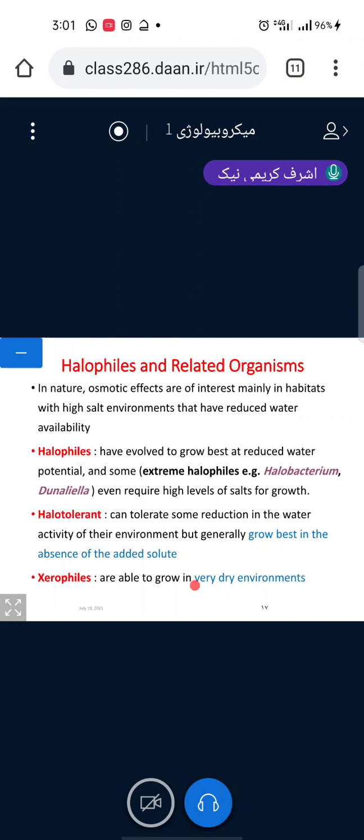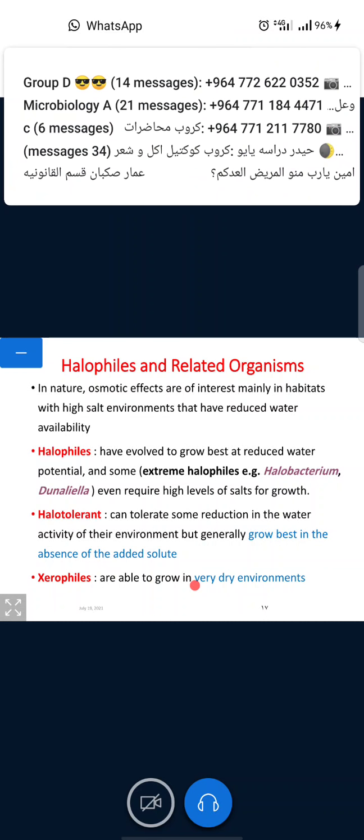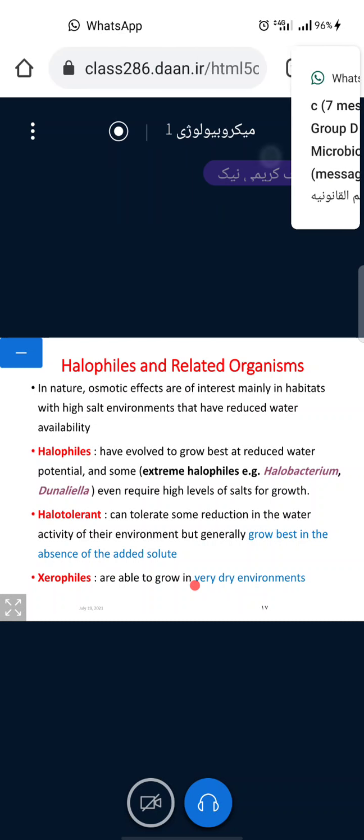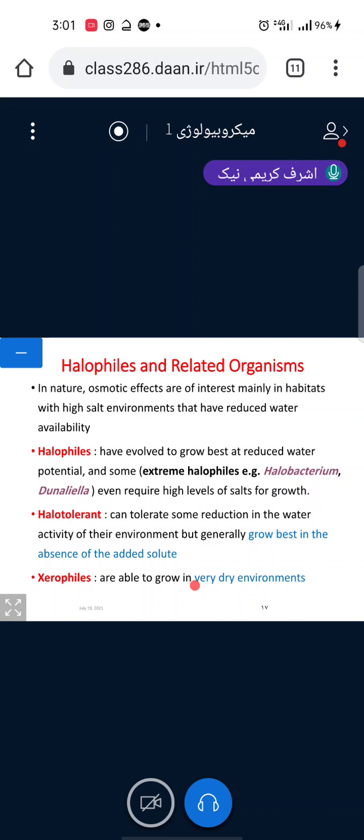Halophiles have evolved to grow best at reduced water potential, and some extreme halophiles, for example Halobacterium, Dunaliella, even require high levels of salts for growth.